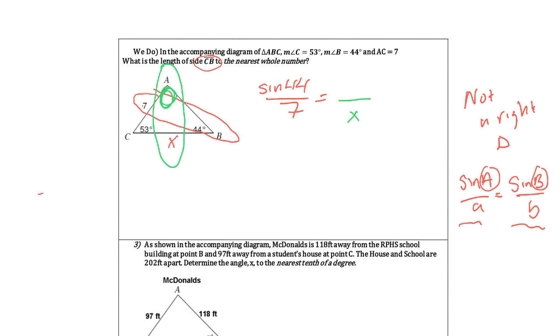But I could figure out that angle using the triangle sum theorem. If this angle is 53 and this one's 44, 53 plus 44 is 97. 180 minus 97 is 83. So angle A is 83 degrees.